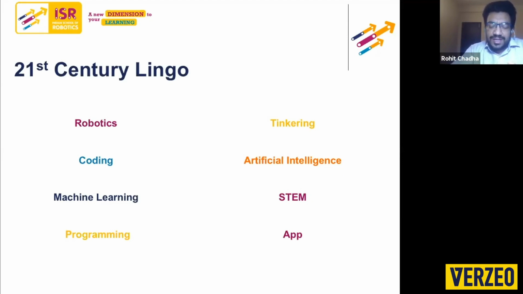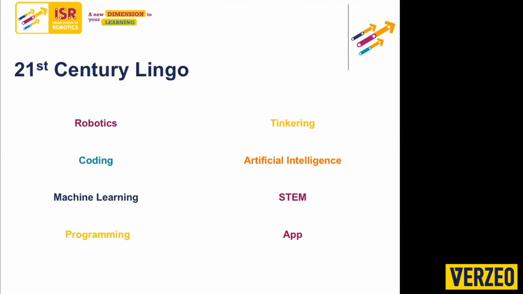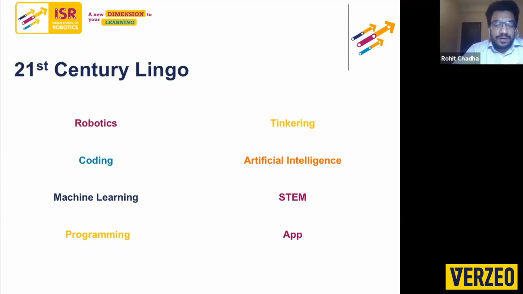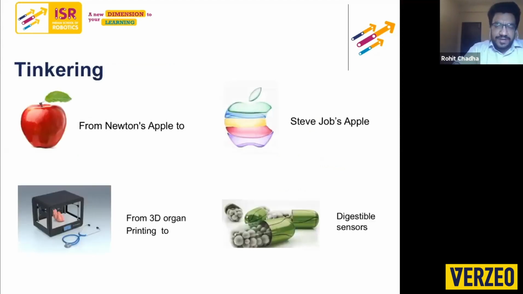The last revolution was Industry 3.0, whereas the upcoming revolution is Industry 4.0, and 4.0 involves robotics. In future, all the technology and work will revolve around all these things, whether it is AI, ML, robotics, or coding. Feel free to ask me questions anytime.